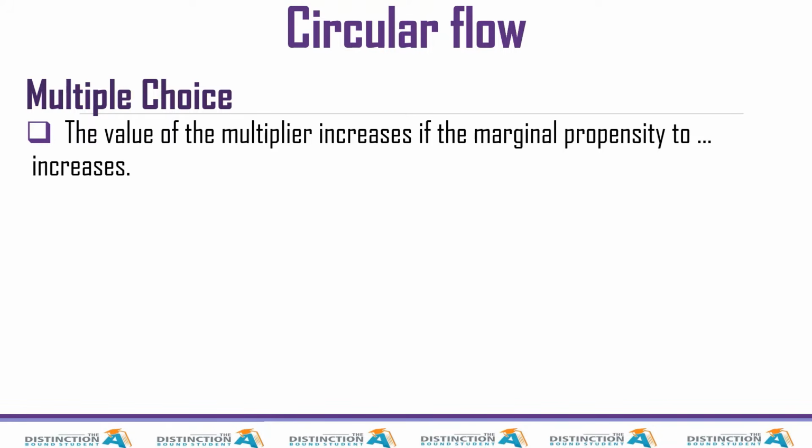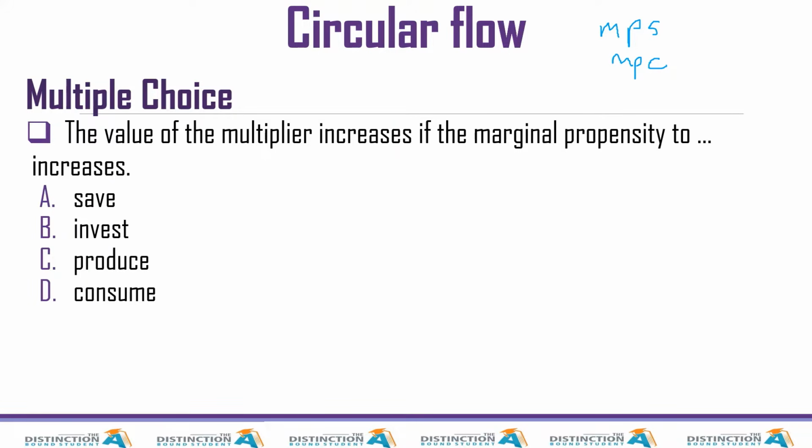Right. The value of the multiplier increases if the marginal propensity to dash increases. Come on. You've seen this one. MP. You've seen MPC. You've seen MPS. Have you ever seen marginal propensity to produce?